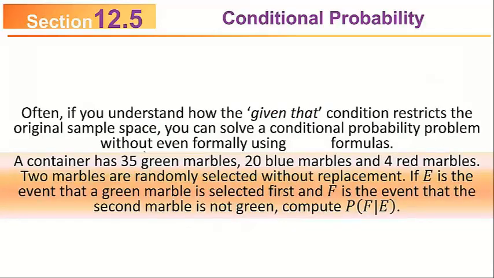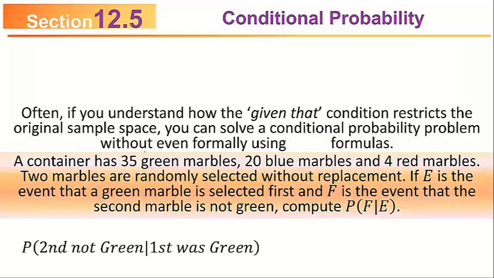How about this one? A container has 35 green marbles, 20 blue, and 4 red marbles. 2 marbles are randomly selected without replacement. If E is the event that a green marble is selected first and F is the event that the second marble is not green, compute the probability of F given E. When I see these problems where the events are given letter names, if they tell me what the actual events are, my inclination is to replace the letters with an actual phrase representing the event.